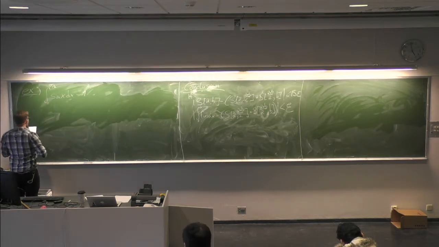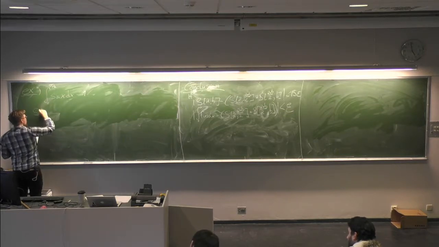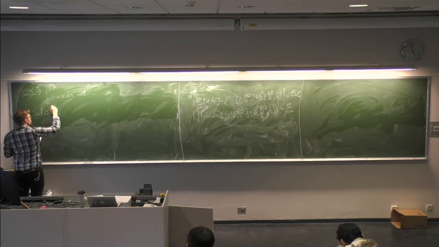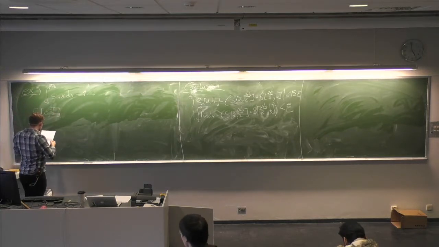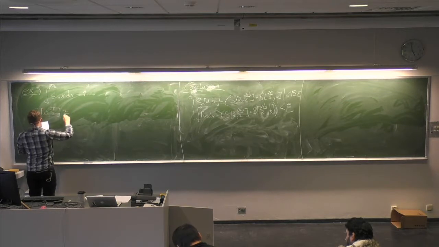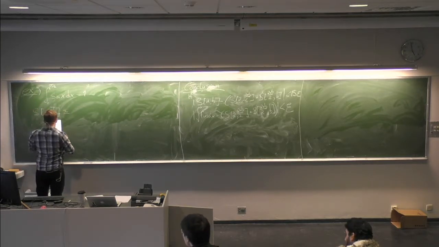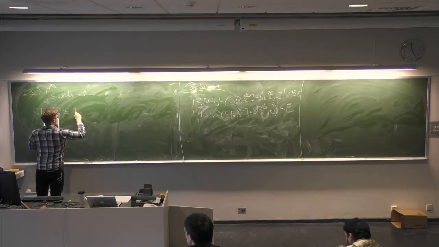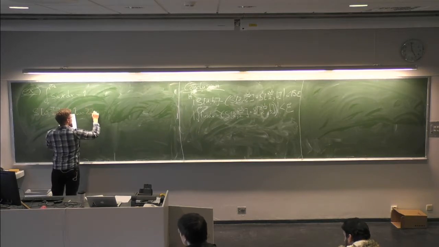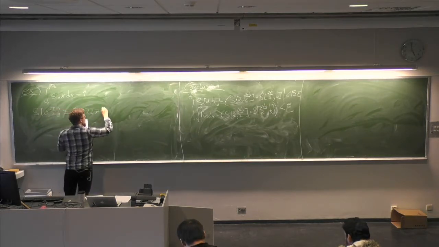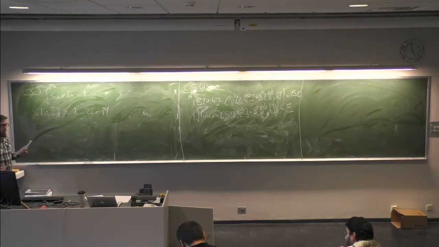Okay, so if we try to do Simpson's method on the interval from 0 to pi half, we will get approximately 1.0022, given. So we just get 1.